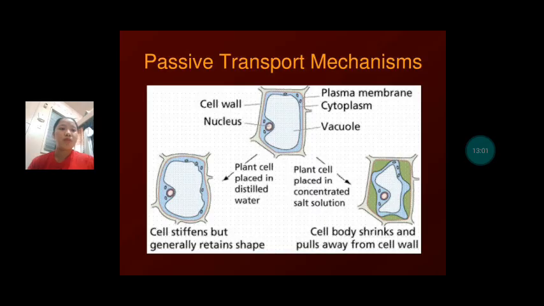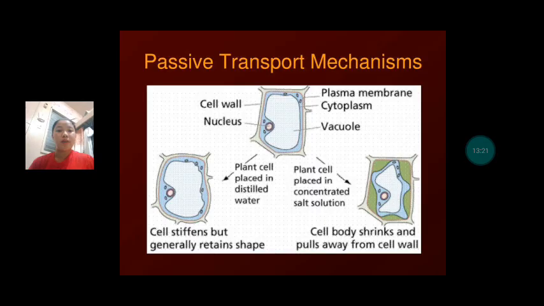Okay, so this is the passive transport mechanism in the cell walls. This is the nucleus, the cell wall, and then the plasma membrane, cytoplasm, and vacuoles. So when the plant cell is placed in distilled water, the cells stiffen but generally retain shape.